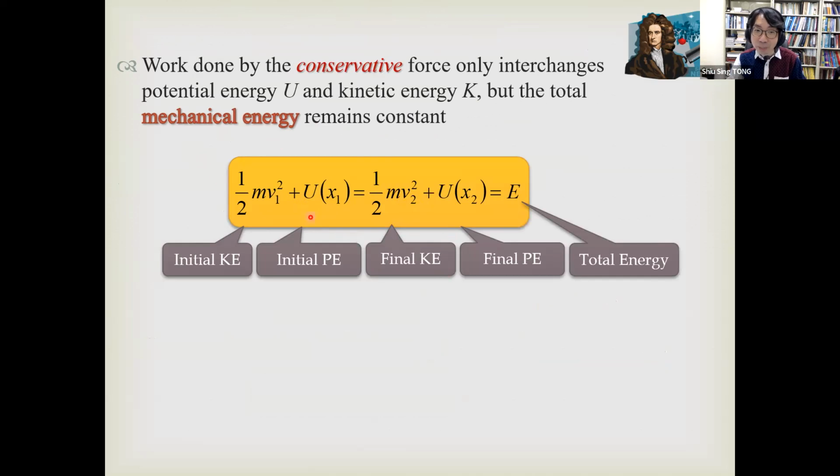At position 1, you have potential energy U(x1) and kinetic energy half mv1 squared. At position 2, you have potential energy U(x2) and kinetic energy half mv2 squared. And this sum of energy always remains a constant. That is the total energy.